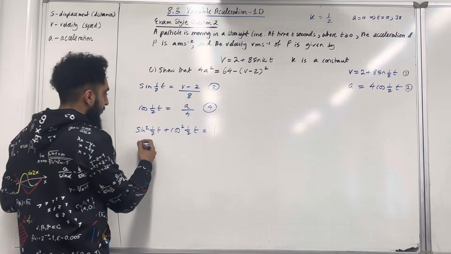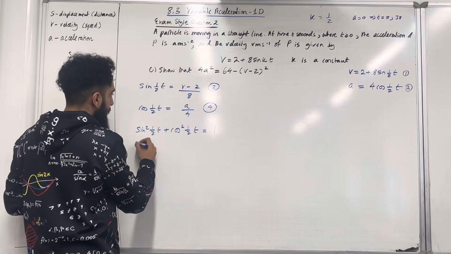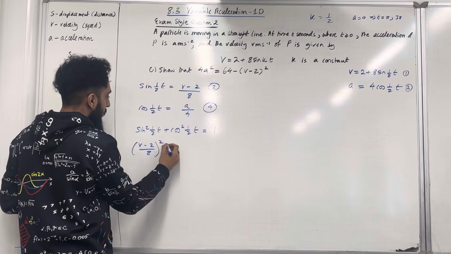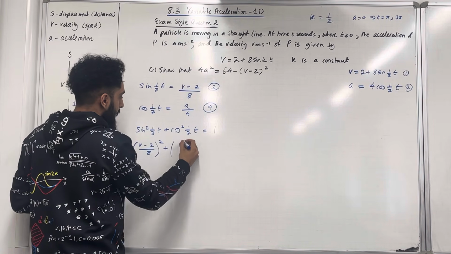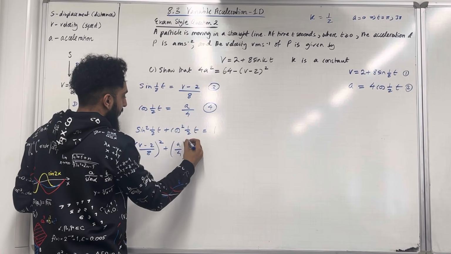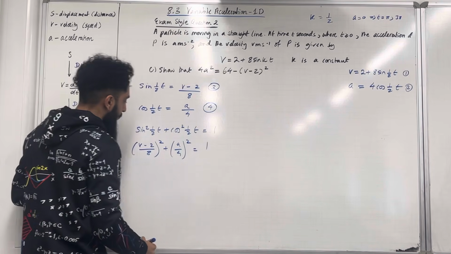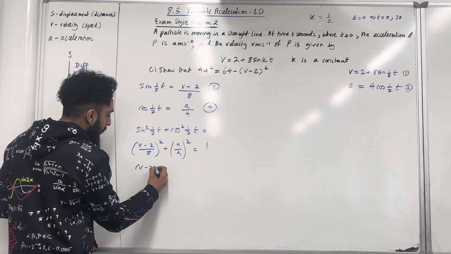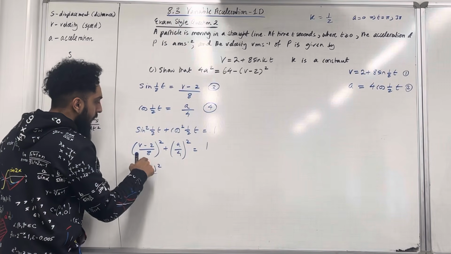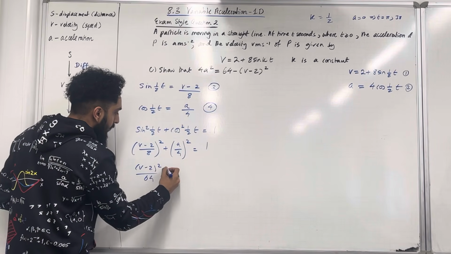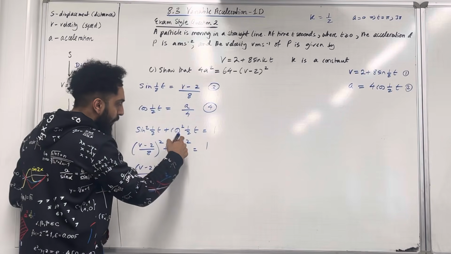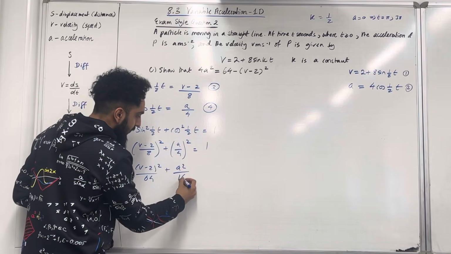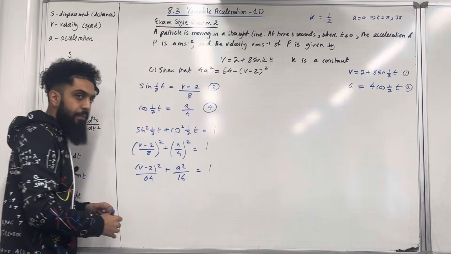So if we do this, we get the following result. V minus 2 all over 8 in brackets squared plus a over 4 in brackets squared is equal to 1. So if we square this fraction, we get v minus 2 in brackets squared all over 8 squared, which is 64, plus a squared over 4 squared, which is 16, equal to 1.